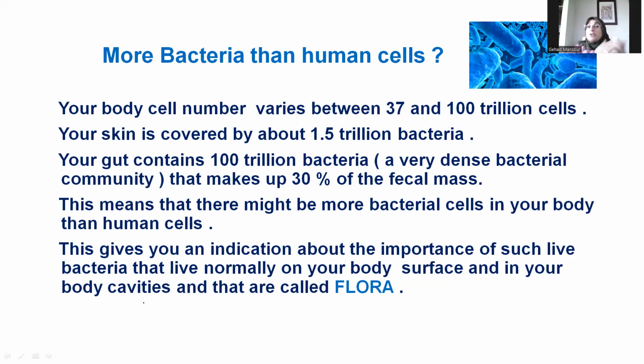And the number of bacterial genes is a huge number. We cannot say that it exceeds human genes, because the genome and the genes of the bacteria are very simple and small in number, but we can say that we have trillions of, or a huge diversity of, bacterial genes.